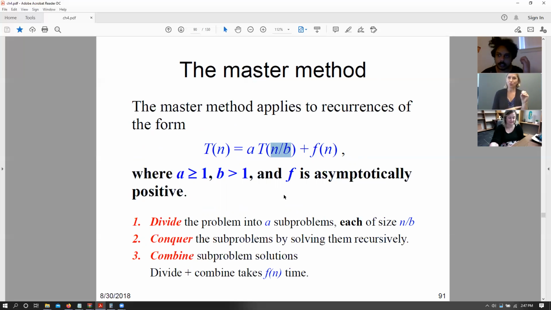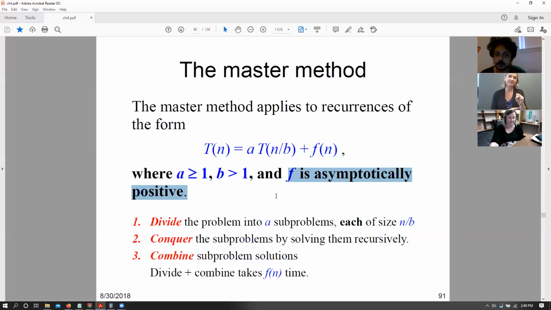In those particular cases the master method applies, including cases where our merging complexity is always going to be positive. You can't have a negative complexity for merging. In general, you can think of our merge time as always being some number greater than or equal to 0, right? It can never be negative because you can't take back time from your processing. So that is a given.